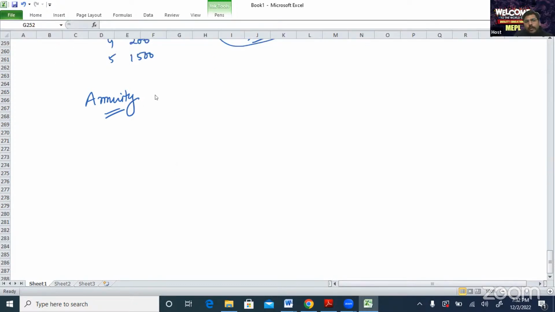So what is annuity? Annuity is a cash flow series of equal amount, and the time gap between the cash flows is the same. So it means we can say my cash flows are equidistant.